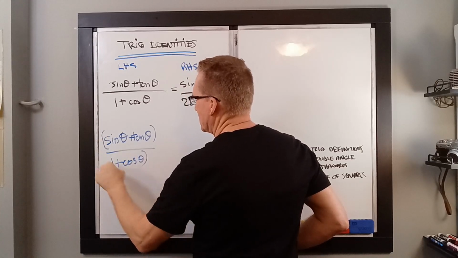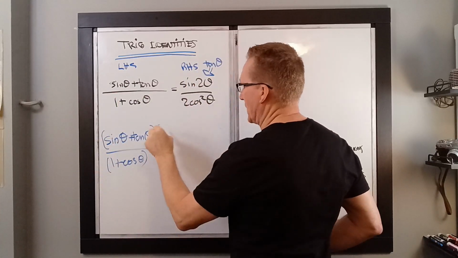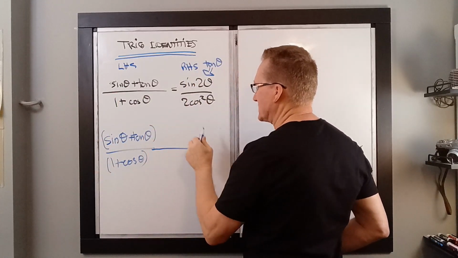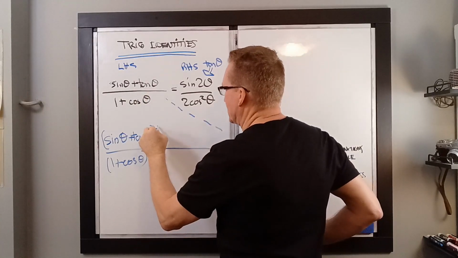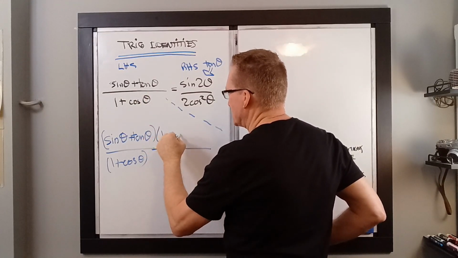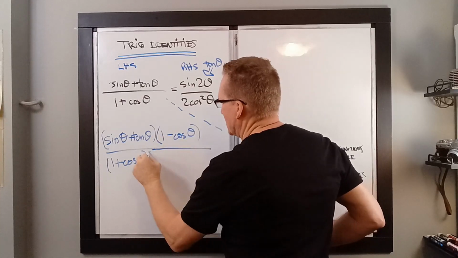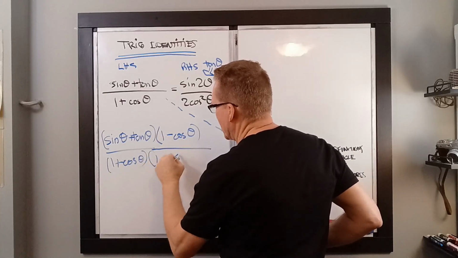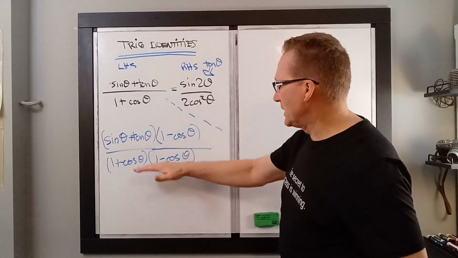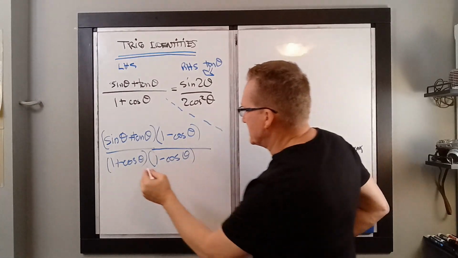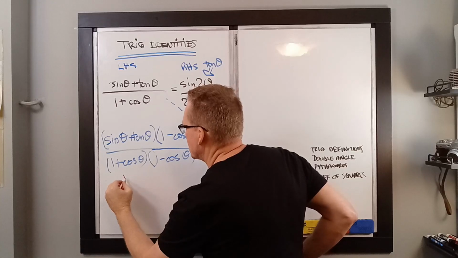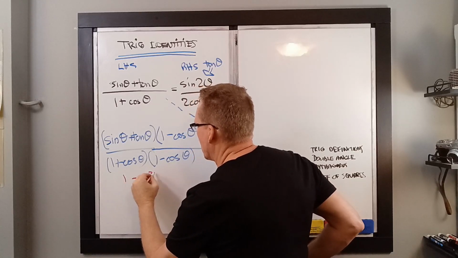1 plus cos theta. I'm just repeating what we have here. Now, multiply, we'll extend this. We're only dealing with the left-hand side here. So we'll extend this to being 1 minus cos theta times 1 minus cos theta. Let's just deal with the bottom. I'll change colors. Use this handy dandy pink. So this is 1 minus cos squared theta.